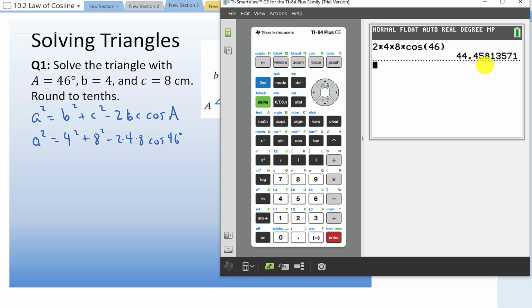But I'm going to be lazy when I write on paper, and I'm going to round that off on paper. So theoretically, though, we do not round off until the very end. So when I do my next step of math, I'm going to use this long number. But I'm going to write it down as 44.5. This is just a round off answer over here.